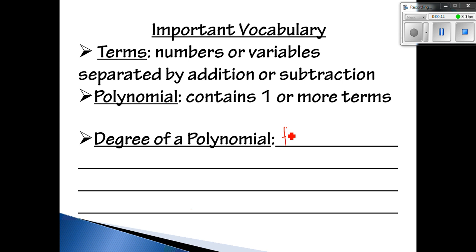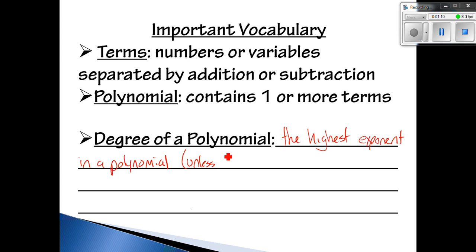What that is, is the highest exponent in a polynomial.